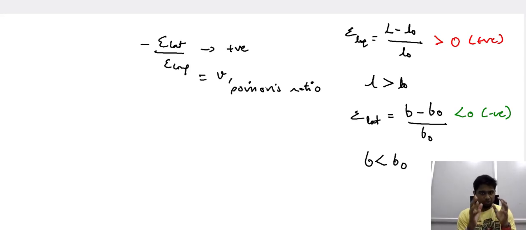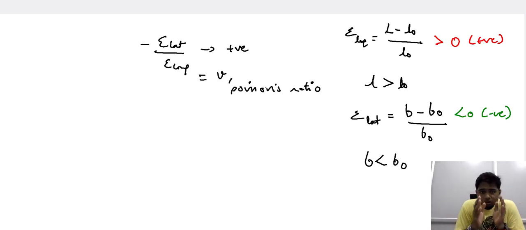One is when you impose a uni-axial tensile loading, in addition to the change in the dimension along the direction of loading, there is also a change in the dimension in the direction perpendicular to the direction of loading. This direction we call the lateral direction.